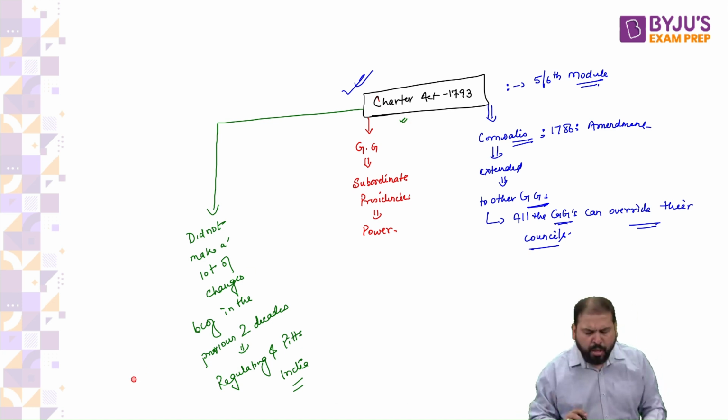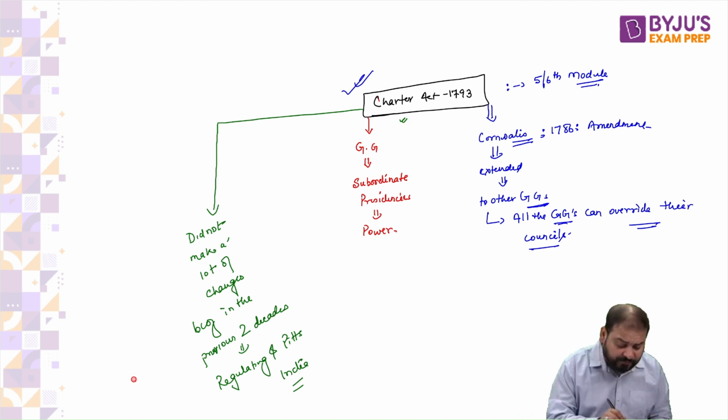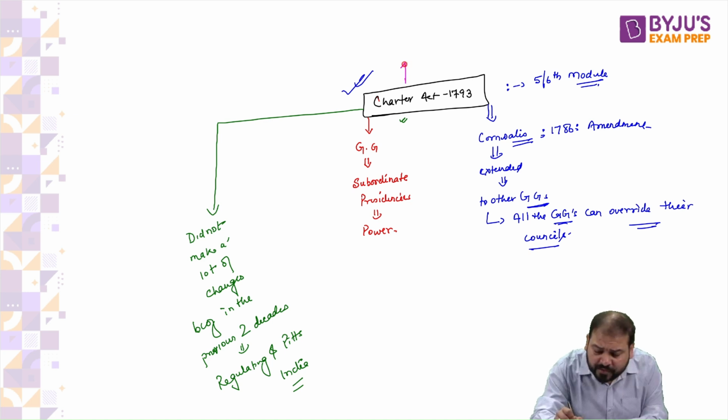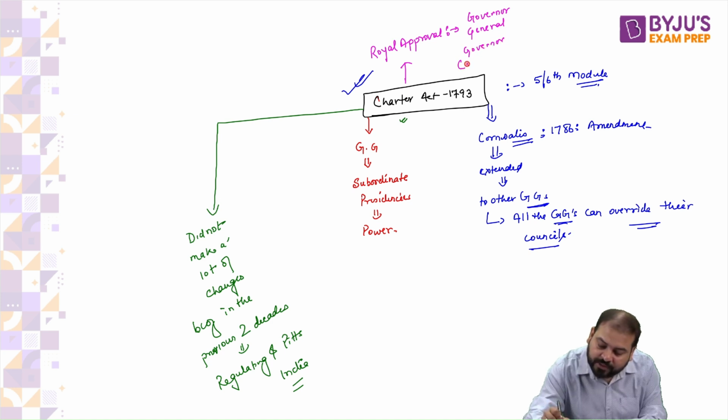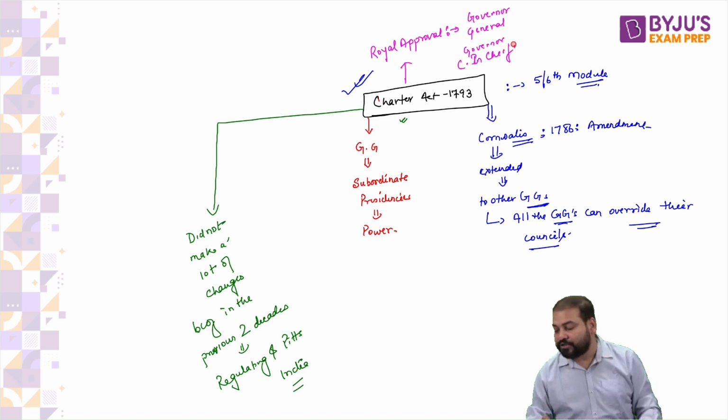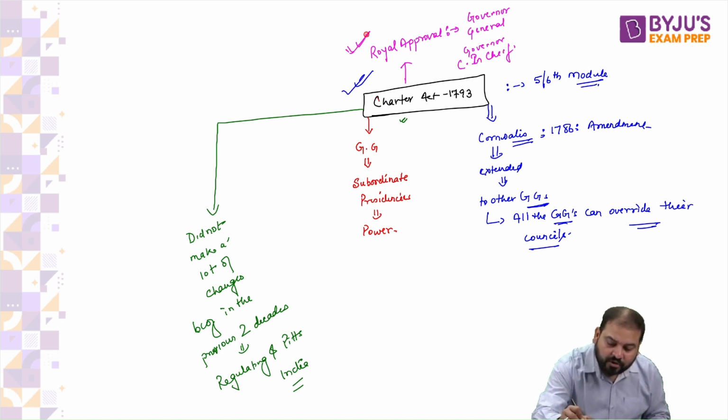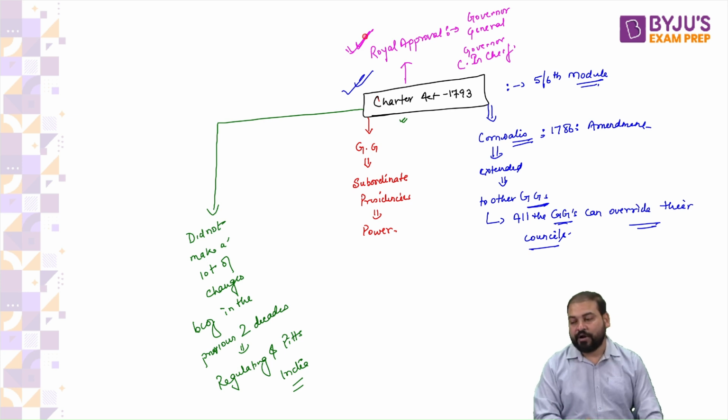Yes, you are correct, Prasad. To appoint any big officer, royal approval was needed. If a Governor General, a governor, or the Commander in Chief has to be appointed, royal approval was now required.